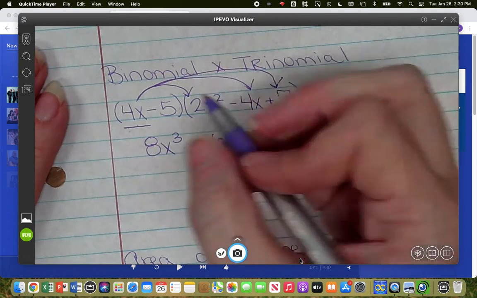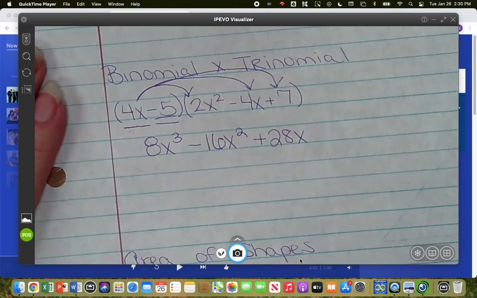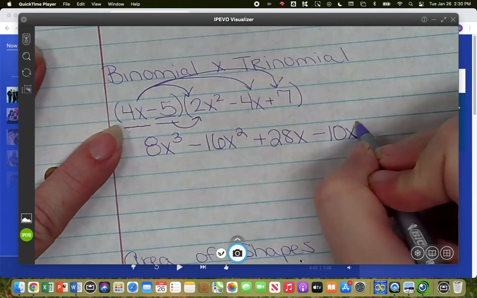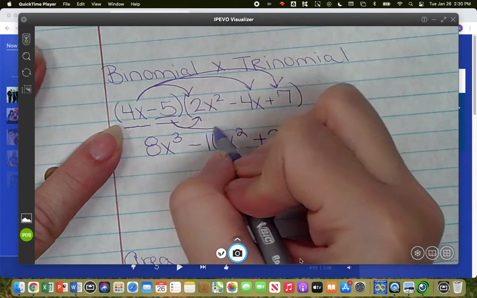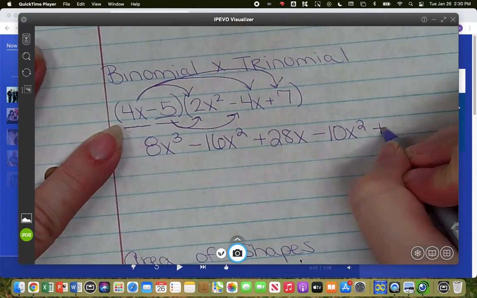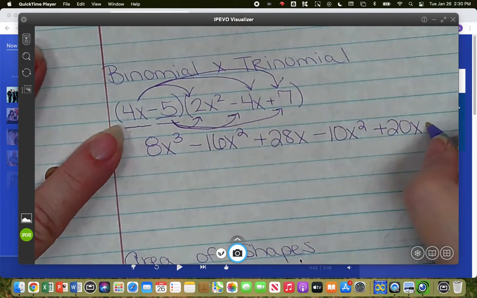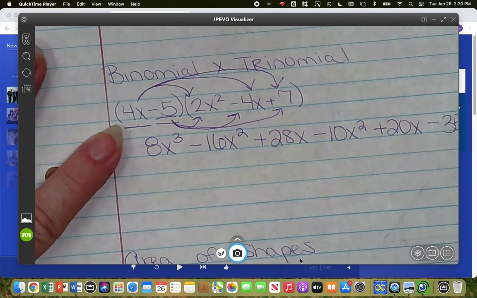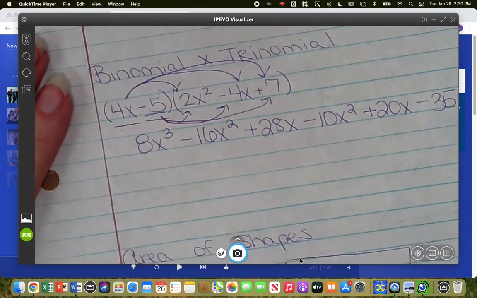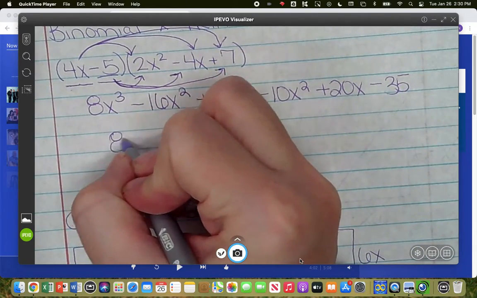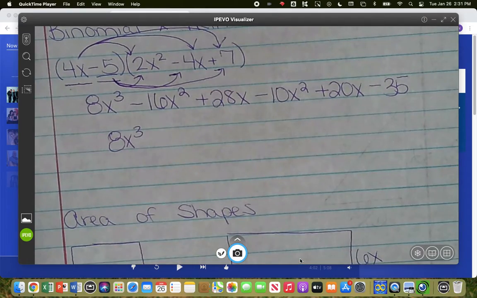Then I'm going to distribute a negative 5. Negative 5 times 2x squared gives me negative 10x squared. Negative 5 times negative 4x gives me 20x. And then negative 5 times 7 gives me negative 35. So then we have to combine our like terms. The 8x cubed, we always start with the highest power, has no like term, so it just comes down.